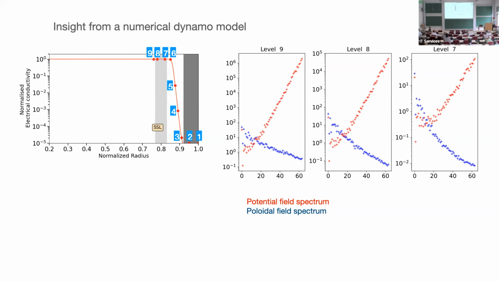But it would seem we're reasonably safe in getting down to somewhere like the mid-range of the region of electrical conductivity increase, simply because, in a sense, the field is already adapting itself to the potential field condition that it's got to satisfy at the top of that layer.